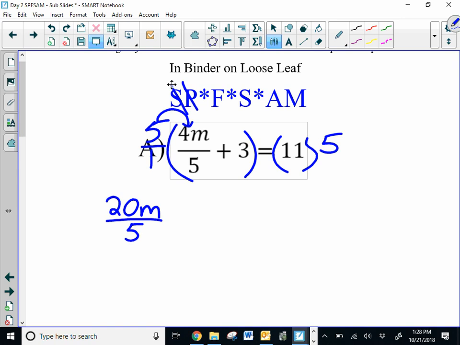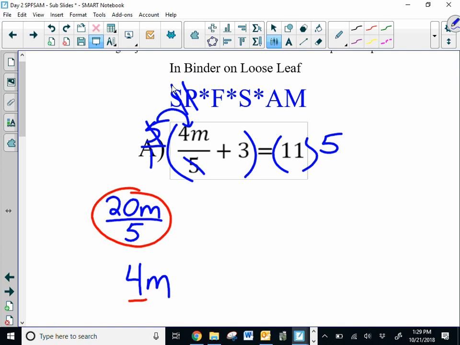Or if we think about sort of the little shortcut, here this 5, we got a 5 on top, we have a 5 on bottom, those cancel out, and they just give us 4m. Notice if you simplify this fraction from the long way, 20 divided by 5 becomes 4. So either way, you'll end up with 4m there, right?